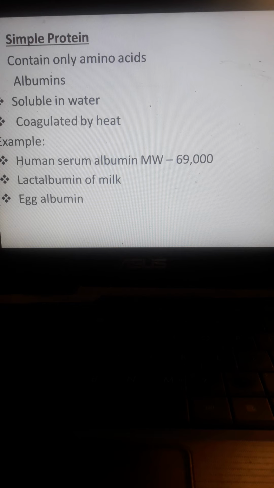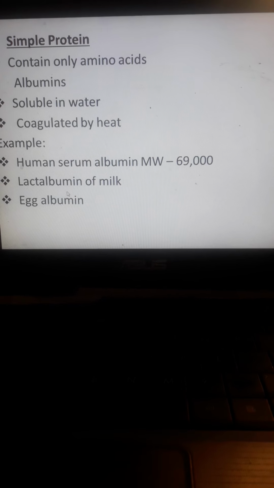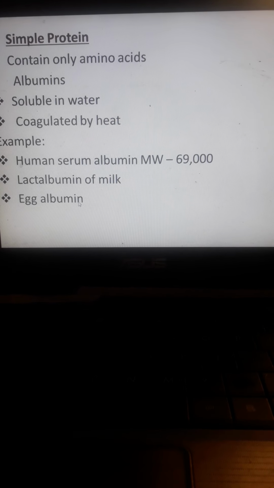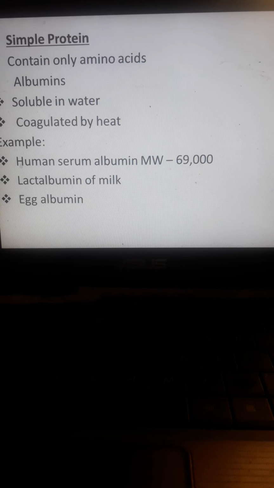Lactalbumin of milk and even egg albumin are also other sources. This is lactalbumin, and egg albumin, which is the egg white, not the yellow part, because the yellow is more on fats. When you boil or fry the egg, the white coagulates, and that is more on proteins.